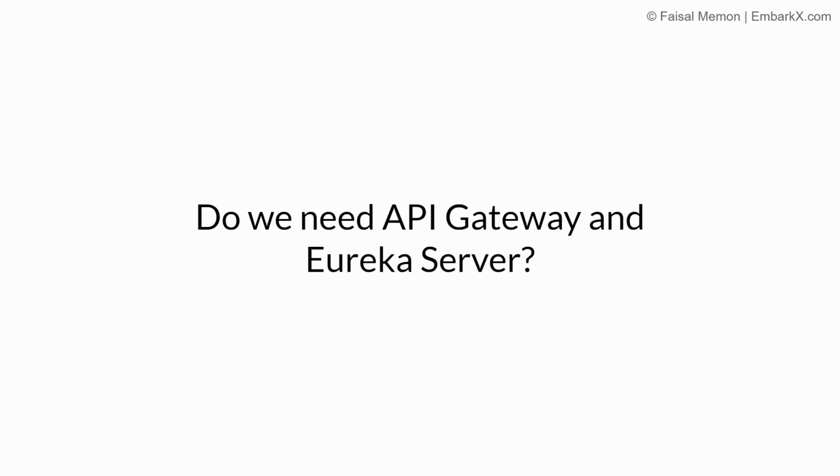A simple answer to the question, do we need API Gateway and Eureka Server in Kubernetes? The answer would be no, and I'll explain why. Let us talk about API Gateway. There are multiple ways, like Kubernetes ingress controllers. Kubernetes provides ingress controllers to manage external access to services within the cluster, and these controllers can handle load balancing, SSL termination, and path-based routing.